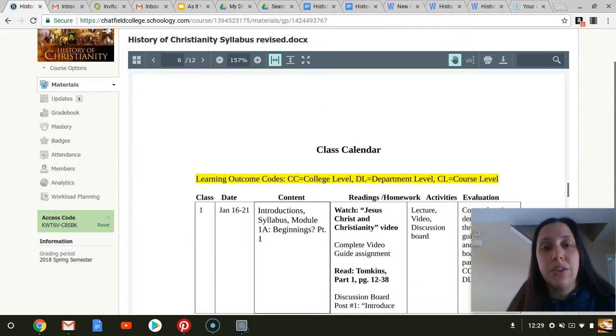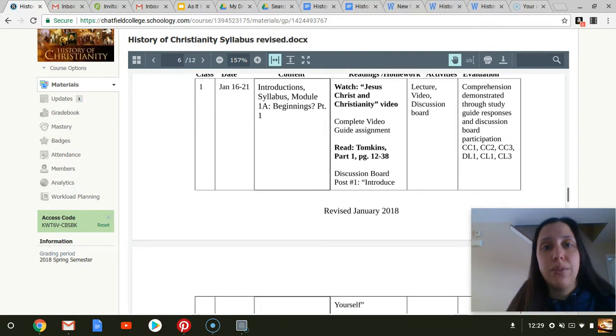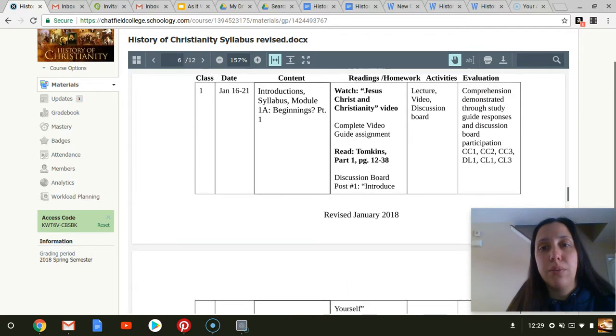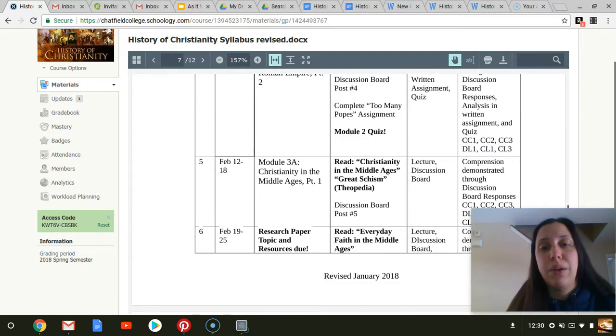And then here's our course calendar. So this will have each week, what the module is, what the topic is, all of the work required for that week, and then this is what we are evaluating you on. This goes through week by week by week.